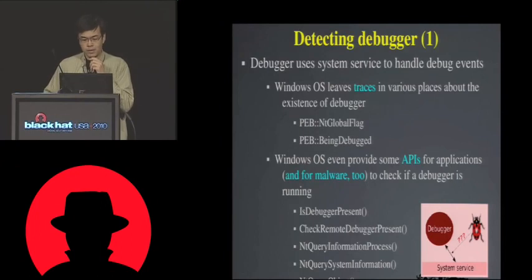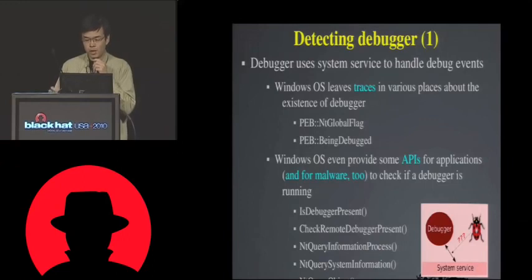The first technique is to use system services, because a debugger uses system services to handle debug events, and malware can detect the service. For example, Windows OS leaves traces in various places about the existence of a debugger. A process on Windows has a PEB, which means process environment block.